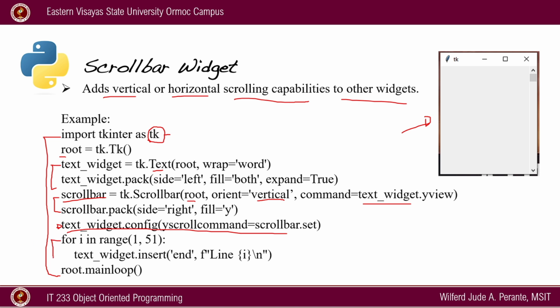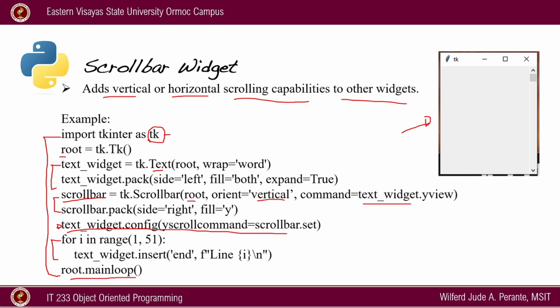And on this side, for i in range 1 to 51, this one is to insert some sample text on our text widget that ranges from 1 to 50.